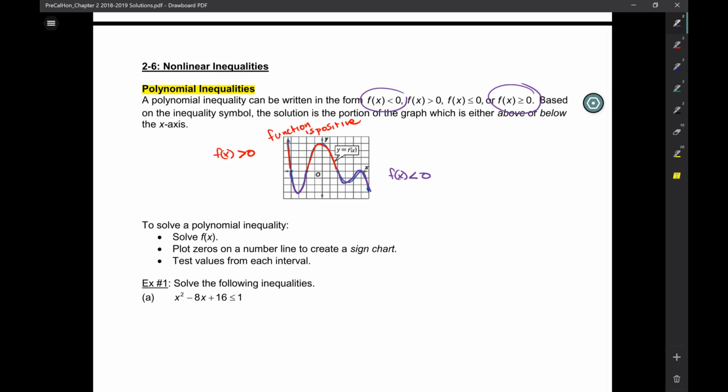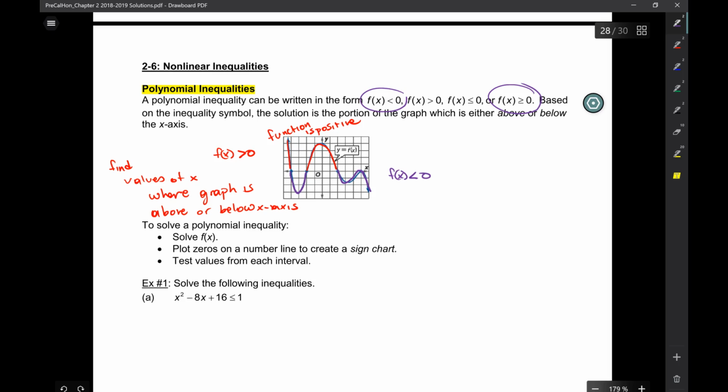So what we want then is to find the values of x where the graph is above or below the x-axis. Okay?